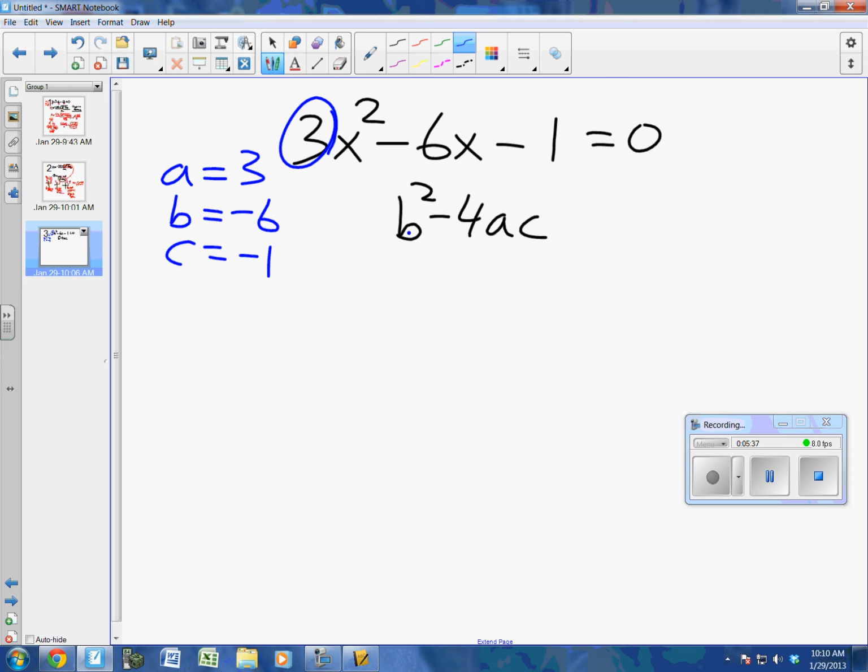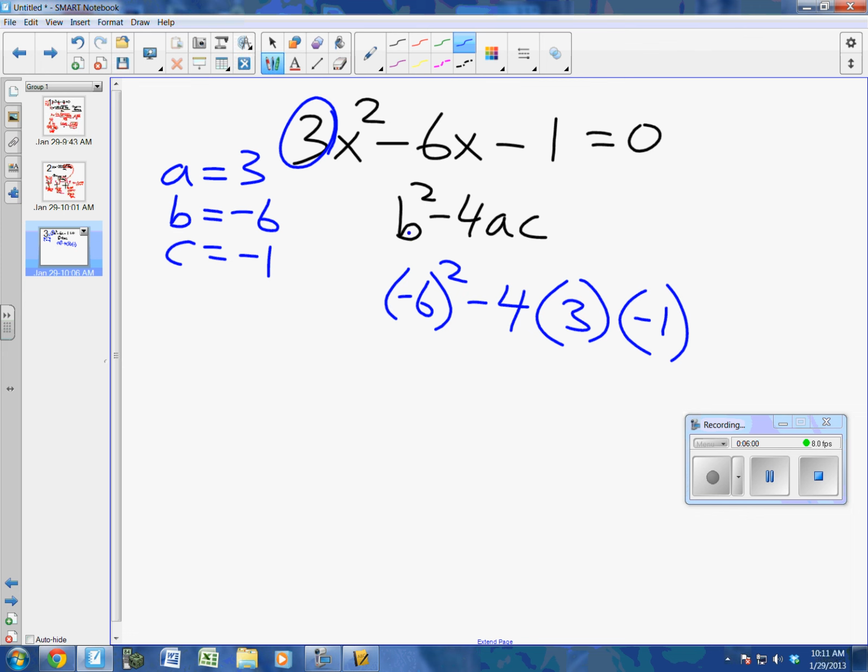Okay? All right. Now, I'm going to go B squared. What's negative 6 squared minus 4 times A? What's A, you guys? 3 times C, which is what, everybody? Negative 1. Now, everybody, plug that in your calculator. Put parentheses around the negative 6 when you do it.